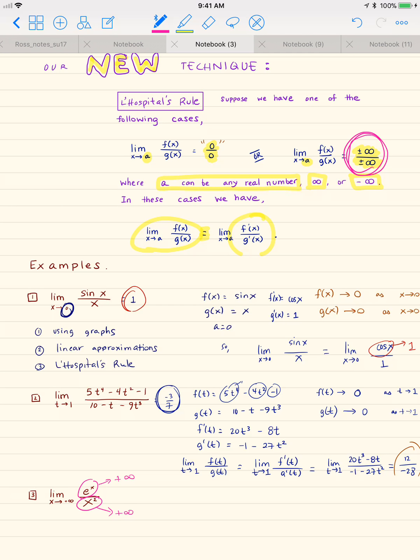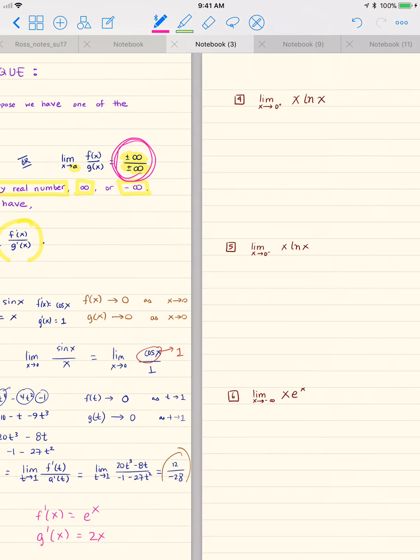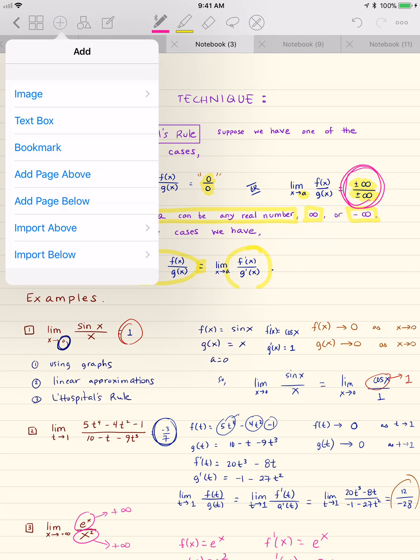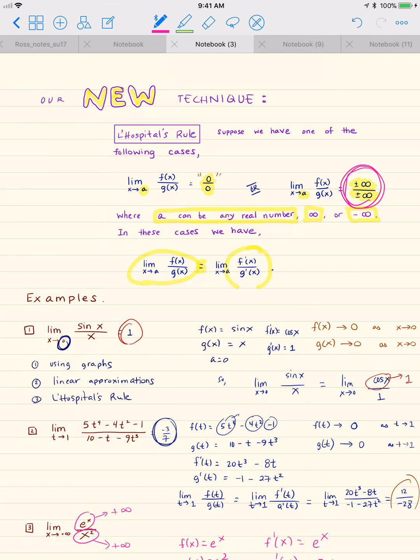So my f of x equals e to the x, g of x equals x squared. F prime of x is equal to e to the x, g prime of x is equal to 2x. So let's go ahead. Let me add a page below.